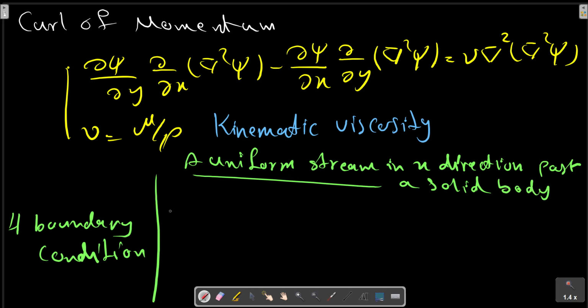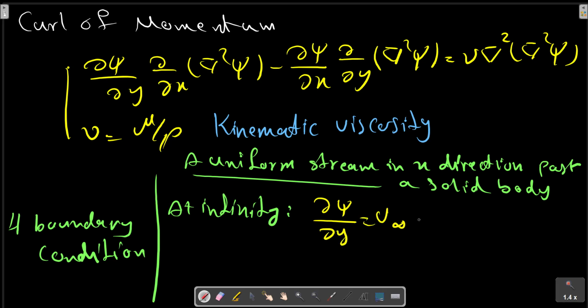At infinity, we have the 2 boundary conditions for the stream function: the velocity at infinity, and the other equals 0.